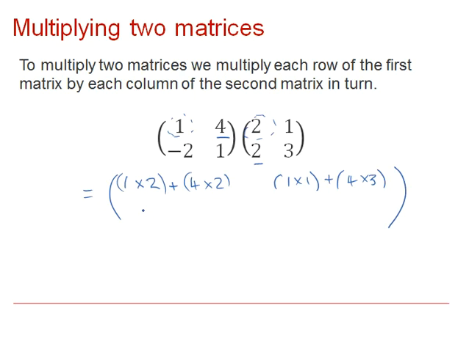The second row times the first column would give us minus 2 times 2 plus 1 by 2, and then minus 2 times 1 plus 1 by 3.